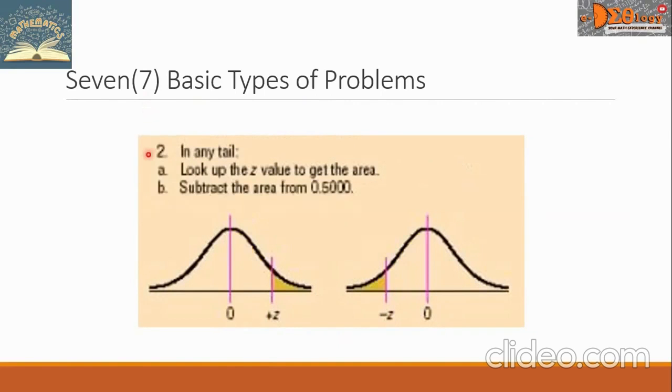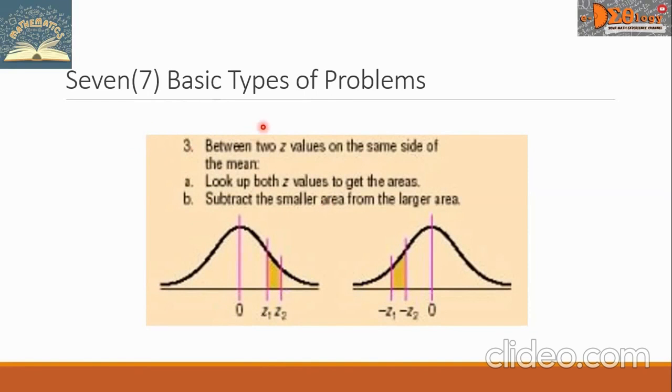Case 2 is if the area required is in any tail, as shown in these two figures. We look up the z value to get the area and subtract the area from 0.5.